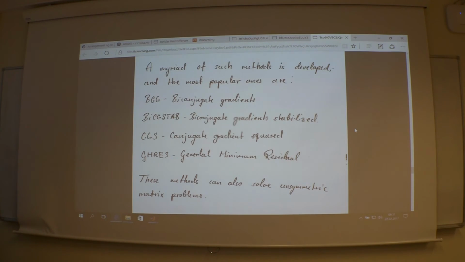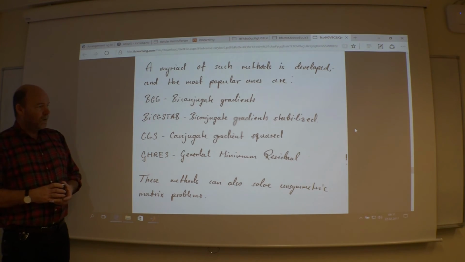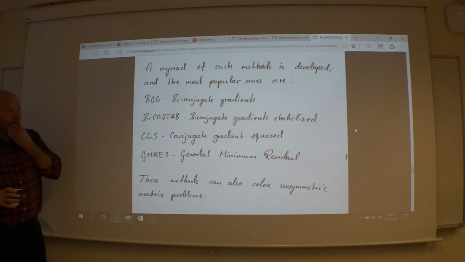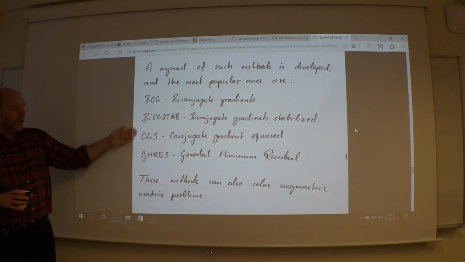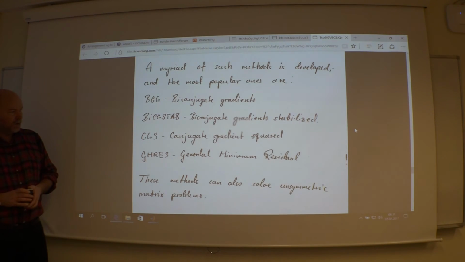So here we now have a whole bunch of different conjugate gradient algorithms that have been developed. But these are not just conjugate gradient. They are conjugate gradient with something extra. Now we have to discuss this a little bit extra.